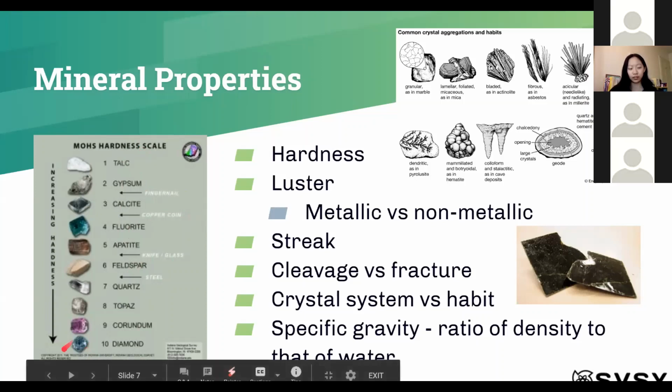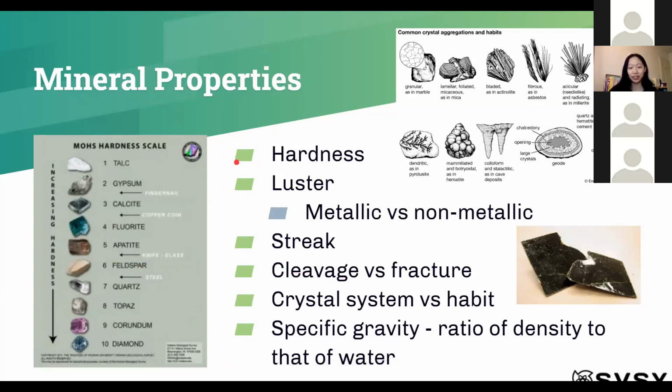Also, diamond is the hardest mineral, but that does not mean it's indestructible. You can actually break it using force and not necessarily scratch it. I will talk about this when I get to cleavage and fracture.